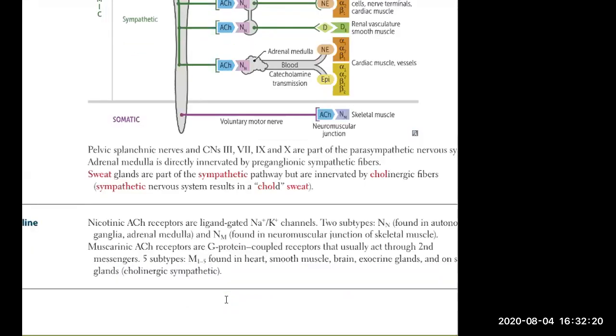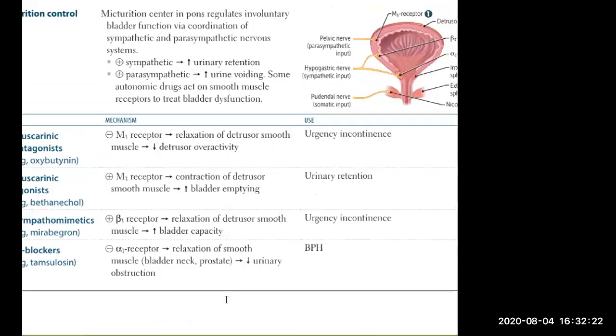In the next page, we have micturition control. I have explained this really well now, okay? You cause urinary retention by relaxing your detrusor muscle, where the receptor is beta 1, and by constricting your sphincters, where the receptor is alpha 1.